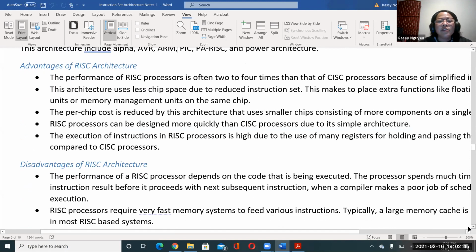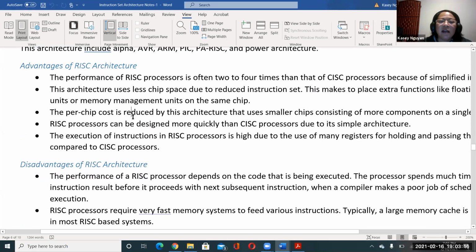So I want to focus on advantages and disadvantages. Here are the advantages and disadvantages. You will find questions on your quiz and final related to this, the comparison between the two. We touched on how the performance is better with RISC, faster. You would have a reduced instruction set, hence the name. That would give you more memory management capability.